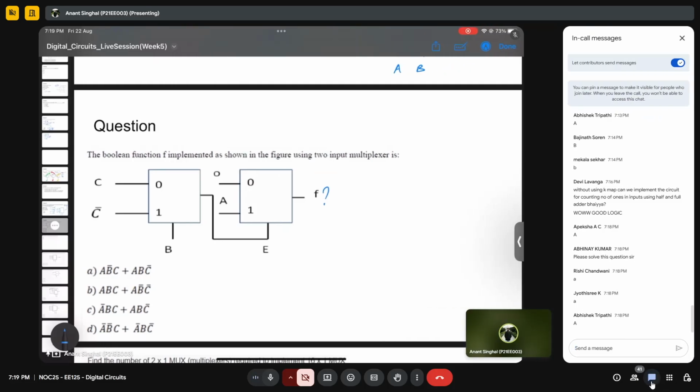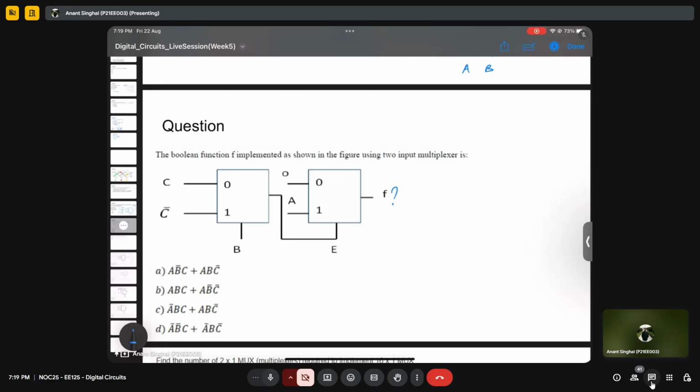Okay, all of you are saying A only. So let's see. So it's B, so it will be B bar here. It will be B here. Okay. So since this is connected to this, here it is E. So E is nothing but B bar C plus B C bar.